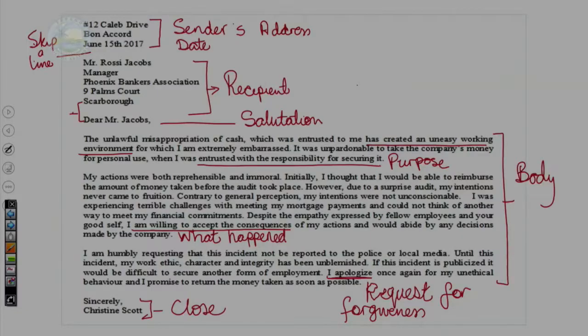Then she accessed the company's cash for personal use. And she says it here. She had intended to use the money. Her intention was to use the money for her mortgage payment. She thought she would have been able to reimburse the amount of money taken, so that she used the money for personal use.